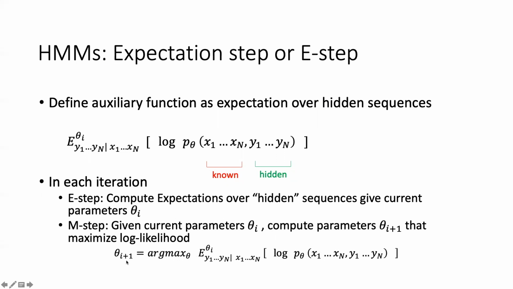So that is theta I plus 1. From iteration to iteration, the likelihood of the data will keep increasing. We'll stop the iterations when the likelihood saturates.